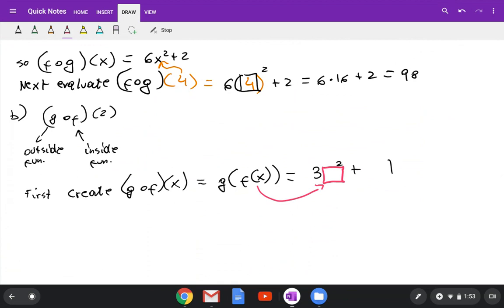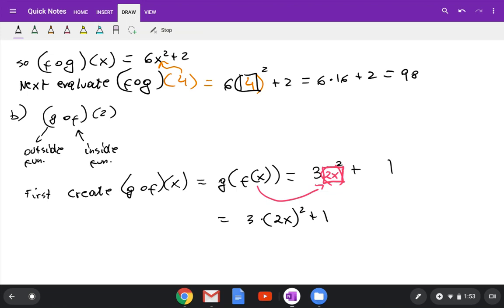So I substitute x from function G, which is outside, with equation of function f. And function f equation is 2x. Okay, so we're getting 3 times 2x squared plus 1. Of course, you need to evaluate.